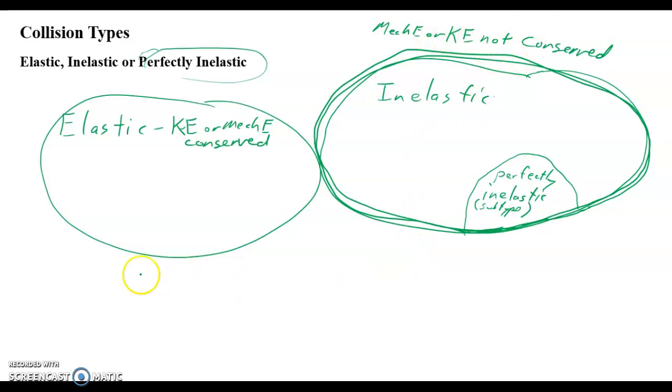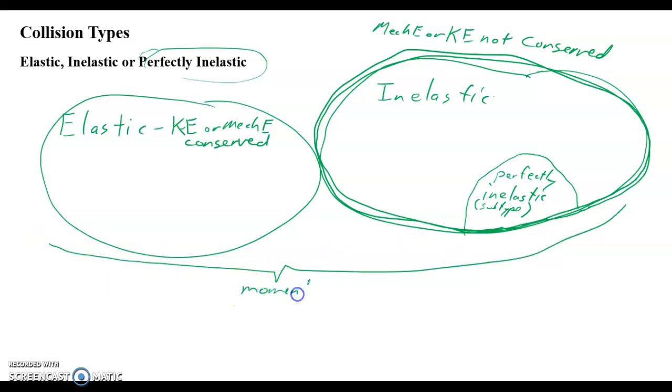Now for all of these, momentum is conserved. Momentum's always conserved. The only thing different about perfectly inelastic is that the objects stick together. I know that's hard to see, but I just said it, so hopefully you're able to hear that.